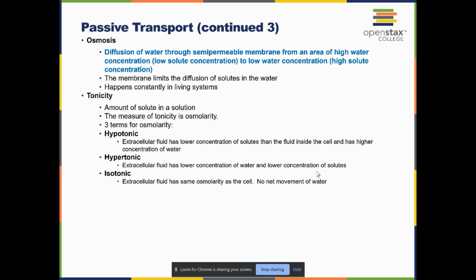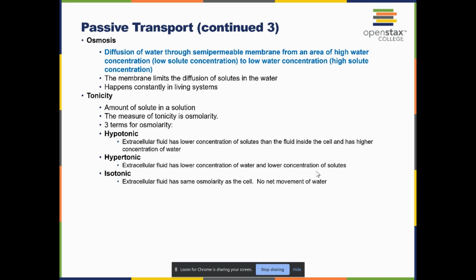And we can talk about osmosis and how it affects cells by looking at tonicity. Tonicity is the amount of solute in a solution, and we can use three terms to help us measure tonicity. The measurement of tonicity is osmolarity, and the three terms are hypotonic, hypertonic, and isotonic. If a substance is hypotonic, it has less solute and more water than another solution.